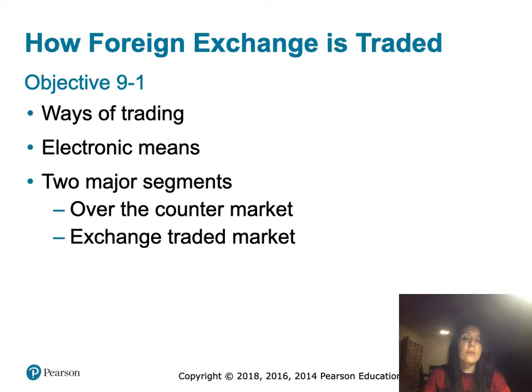So it's also important to summarize some of the major characteristics of the foreign exchange market, such as ways of trading and electronic means of trading the transactions, right? So dealers basically can trade foreign exchange either directly with customers or through voice brokers.